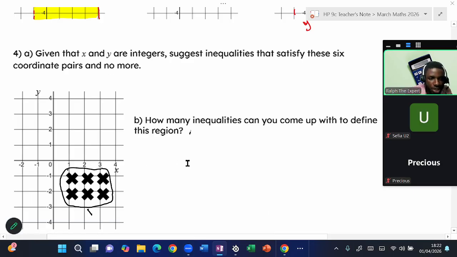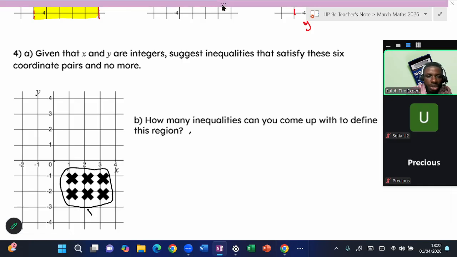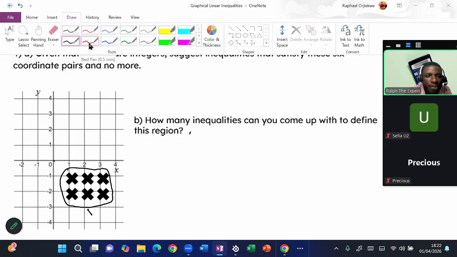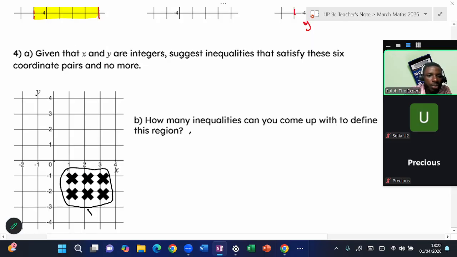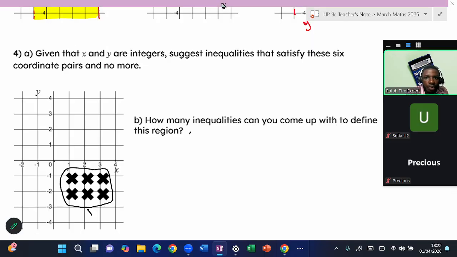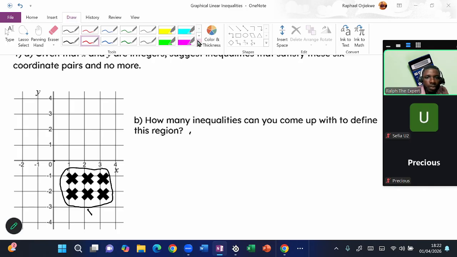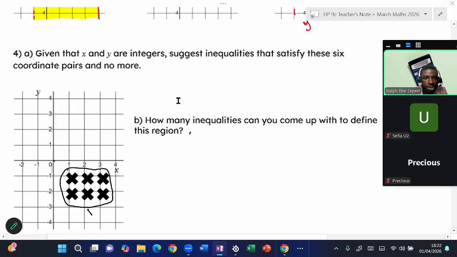But I want to give you an idea. What you want to do is you want to have something that's going to look like this. Let me share the region so you have an idea and you can easily form your inequality. So I'm going to shade this region. So just a moment.